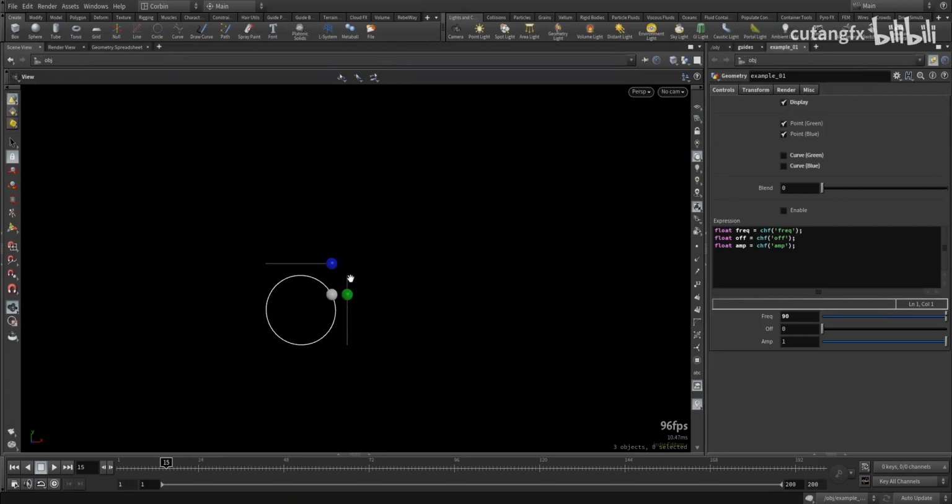So it's not just linear, it's not just ping-ponging backwards and forwards, but it's actually easing at the top and bottom. It's at its fastest when it's in the center, and then toward the end it slows down, and before it starts moving again, this blue point is in the center. So this is in the center when this is at the top, and this is at its center when this is on the far left. Whenever one is on the extreme, the other is on the center.